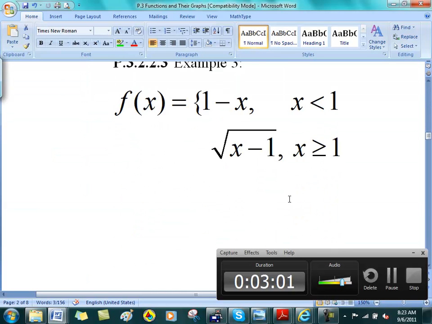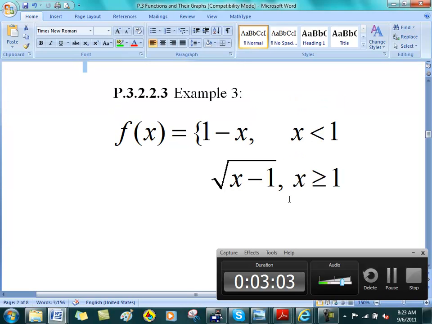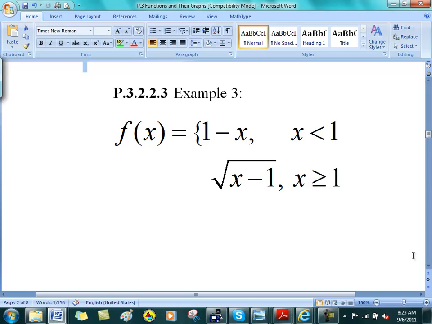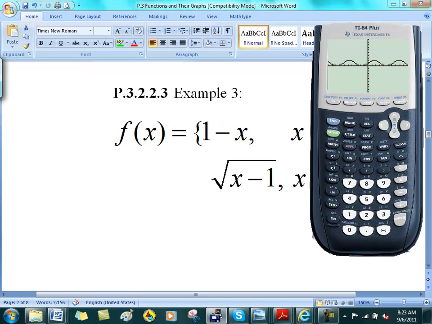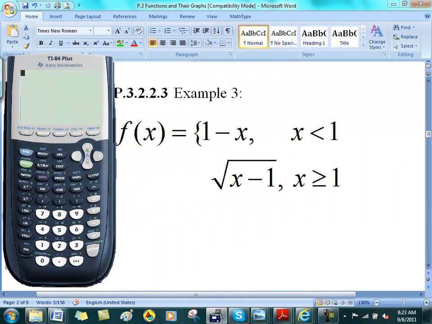Okay, this is a piecewise function. I'm going to show you how to do this on your graphing calculator, because you can really do it nicely there. So let's move this out here. Y equals. The first part is 1 minus x, so go put that in.